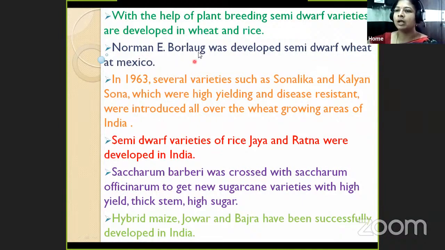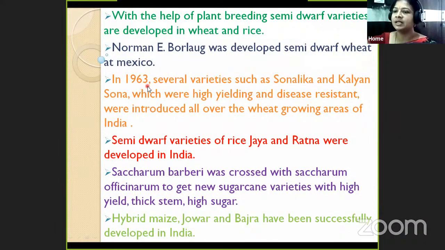Norman E. Borlaug developed semi-dwarf wheat in Mexico. This wheat variety is called the Mexican variety of wheat. That Mexican variety of wheat was also introduced in our country at the time of the Green Revolution by M.S. Swaminathan.